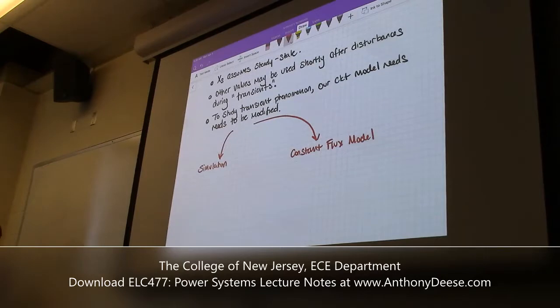And so what you'll see is that there's two different ways that we can analyze the transients. One is to just use simulation, which is right, going to give us a more accurate result. So it'll be more accurate. Will that be like SPICE or a different type? Yeah, like SPICE.